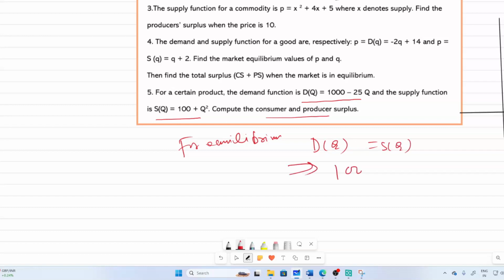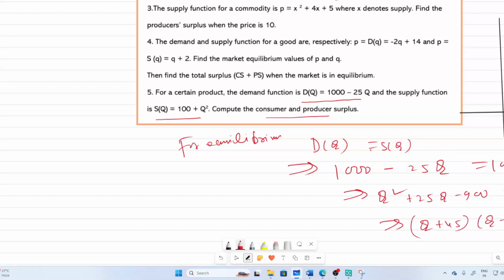This implies 1000 minus 25Q equal to 100 plus Q square, so this implies Q plus 45, so Q is equal to 20.